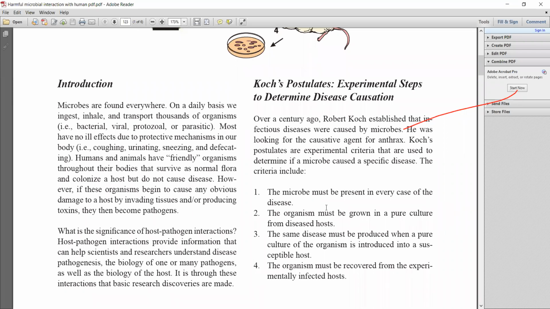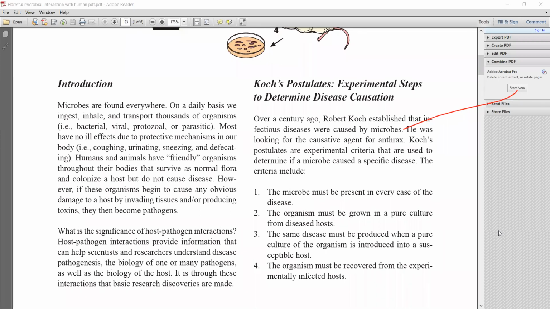The third point is that the same disease must be produced when a pure culture of the organism is introduced into a susceptible host. So now you take the pure culture which you had grown on a media and inoculate that culture into another host.